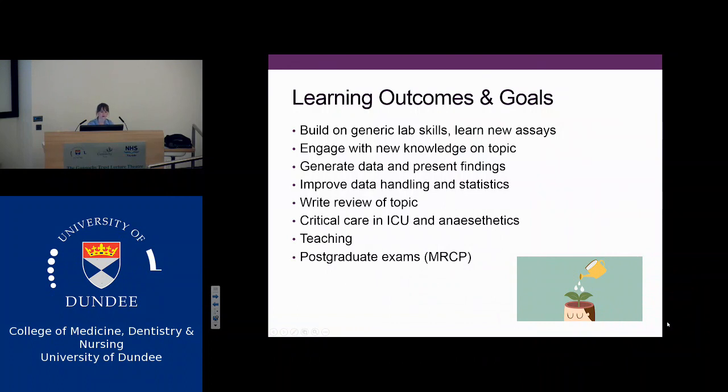I also wanted to write a review of the topic and spend some clinical time in ICU and anaesthetics. This block of time has also given me the opportunity to develop some of the teaching projects I've been in, and also the opportunity to sit some postgraduate exams and keep my head in a clinical way.